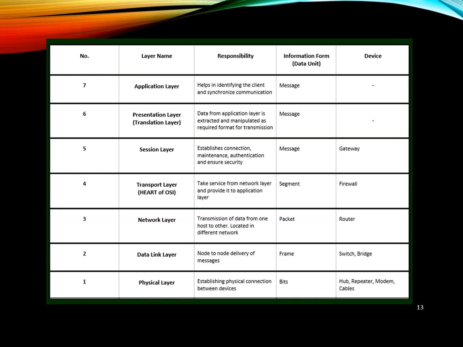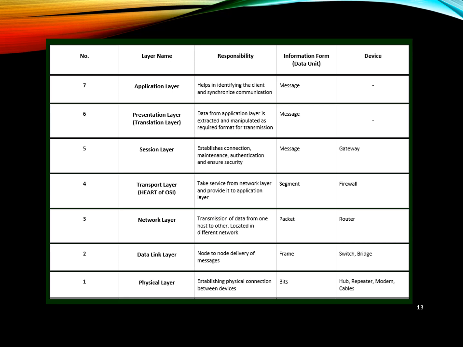So, what we discussed before: the application layer's responsibility is to help in identifying the client in synchronized communication, with data in the form of messages. Sixth is the presentation layer, in which data from the application layer is extracted and manipulated into the required format for transmission.